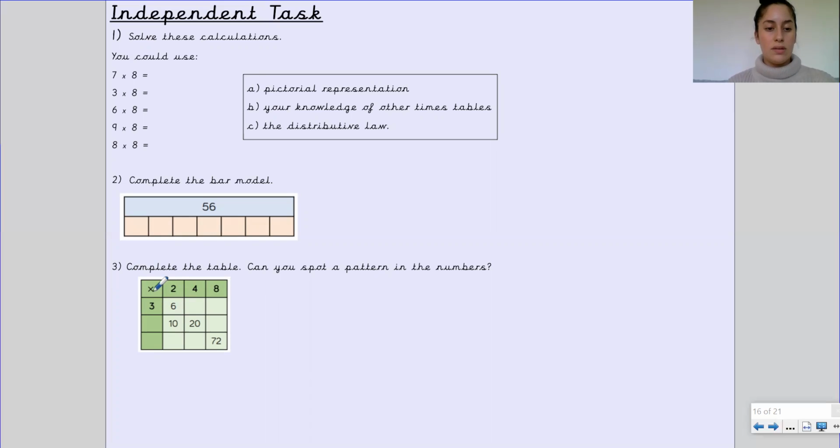So 3 times 2 equals 6. 3 times 4 equals, and write your answer there, 3 times 8 equals. Now, for these 2 blank boxes, you need to try and figure out 2 times what has given us the answer 10. So have a go at completing all your work and make sure you upload everything on Tapestry.